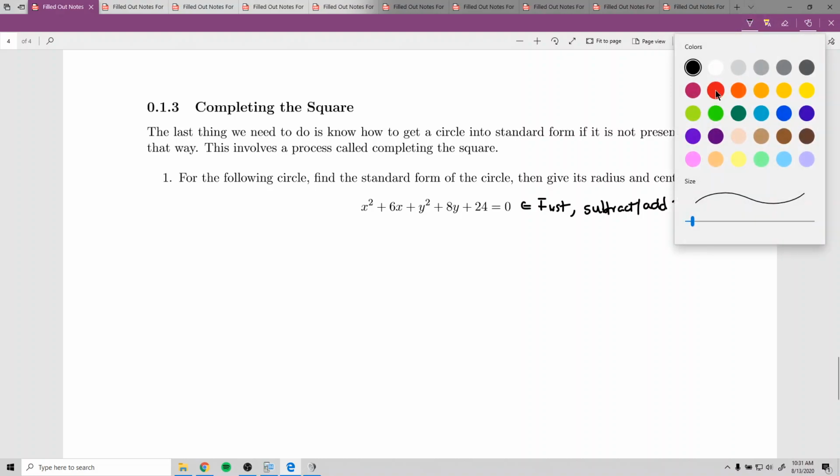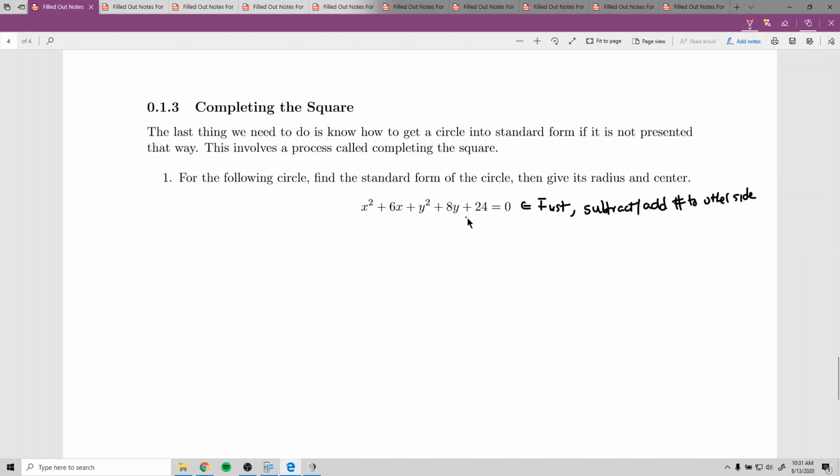You don't have to do this first, but I just like to make sure I'm really organized. So I subtract 24 from each side. And I got x squared plus 6x plus y squared plus 8y equals negative 24.